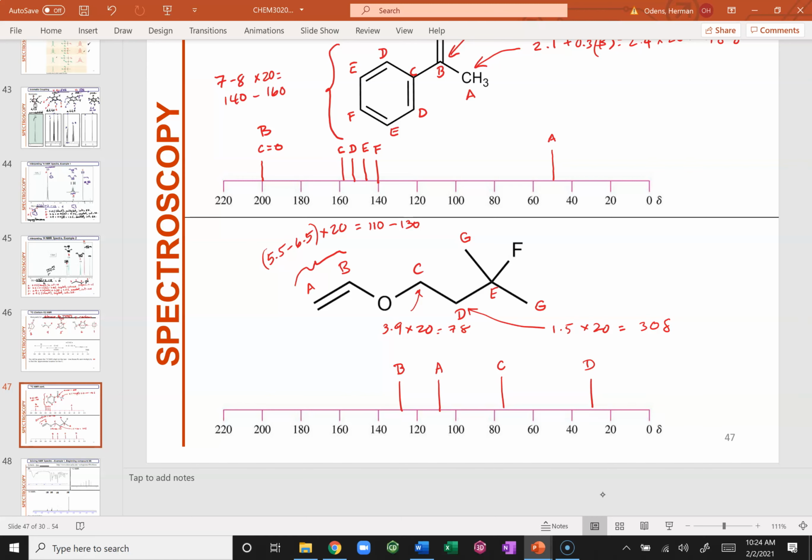G, let's do G now. All right. G. Check this out. Yeah. So G is a CH3 attached to a carbon, and it doesn't have a beta group.